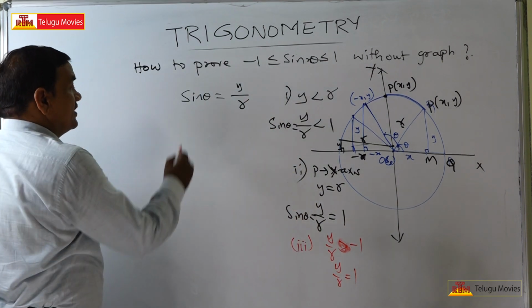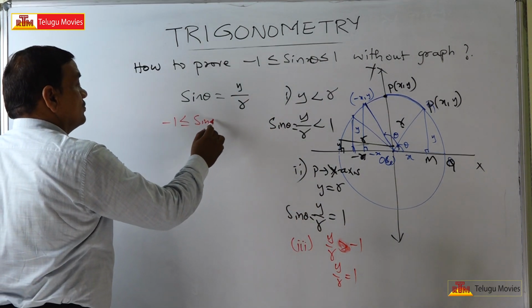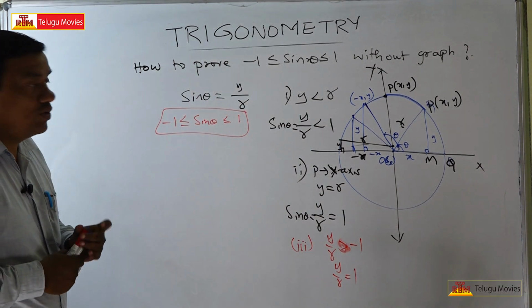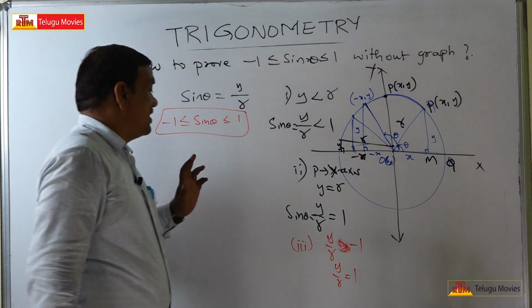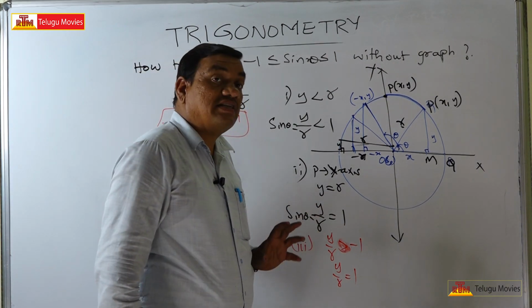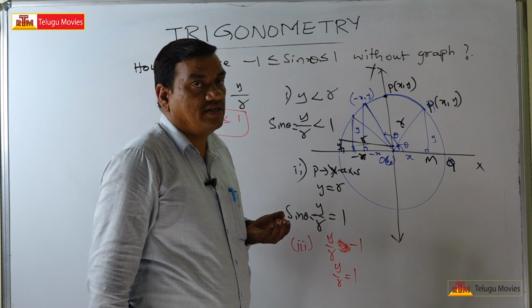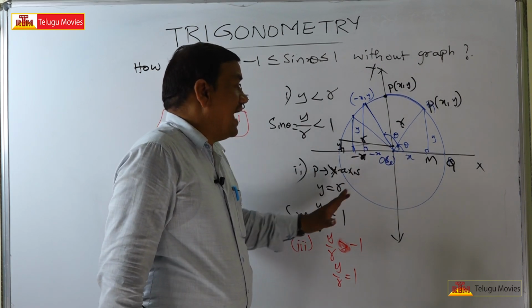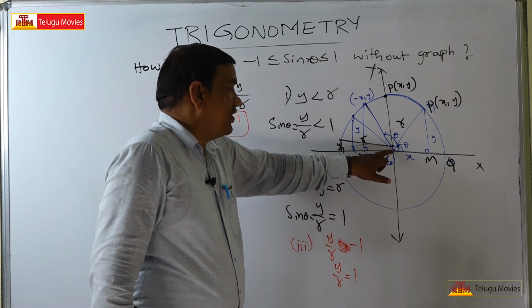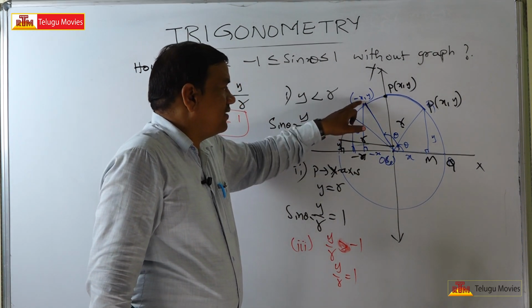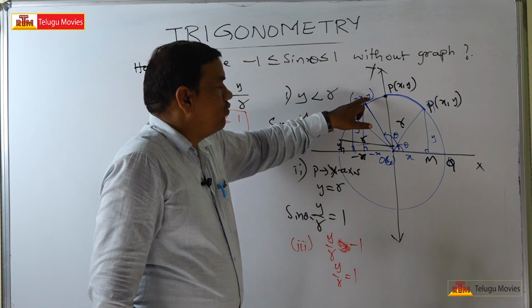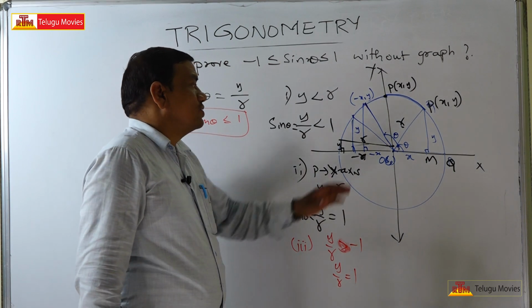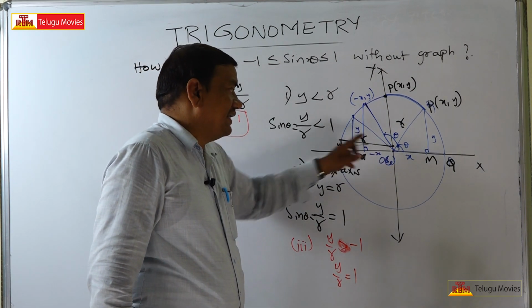Therefore, from this we can say that minus 1 is less than or equal to sin theta, which is less than or equal to 1. Once again, y by r, sin theta is greater than minus 1, and here sin theta is less than 1. When we are moving this side, this is minus x, y in the second quadrant. So as you go on increasing theta, the y value also approaches minus 1. Okay? So this is the thing without a graph. Theoretically, we can prove that minus 1 is less than or equal to sin theta, less than or equal to 1.